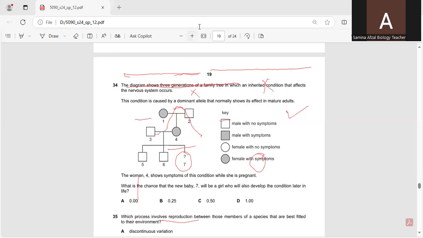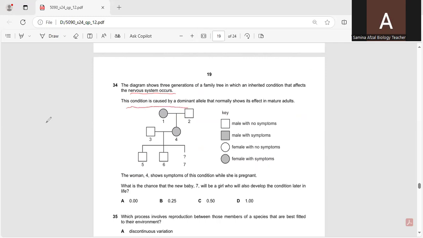Now question number 34. The diagram shows three generations of a family tree in which an inherited condition that affects the nervous system occurs. This condition is caused by a dominant allele that normally shows the effect in mature adults.